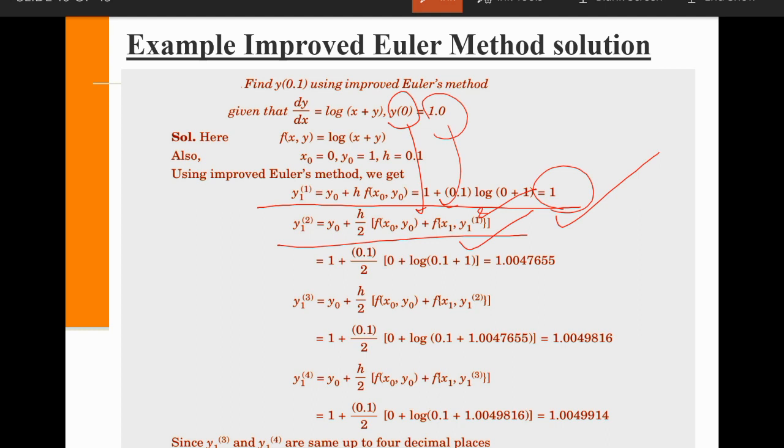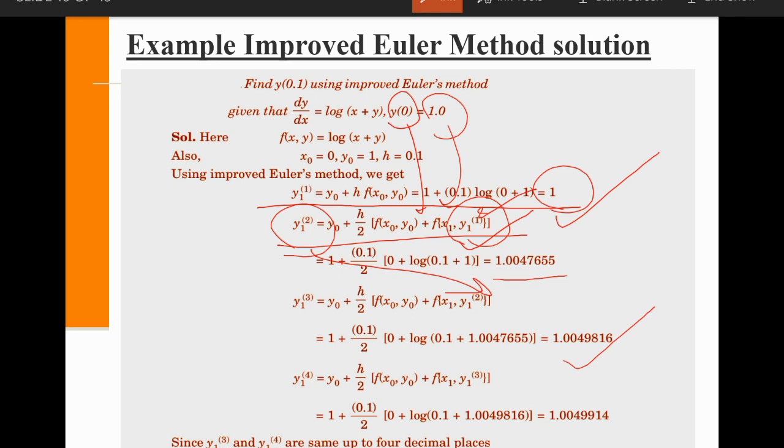Now further you can also improve this value, right? What you can do, you can substitute this y1(2) instead of this y1(1) in the same formula, right? That means instead of this y1(1) you substitute this y1(2) to correct the value, right? So this becomes your more corrected value. You can repeat this step until you get a stable value.